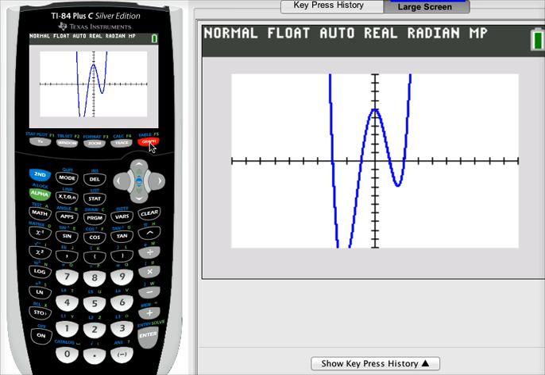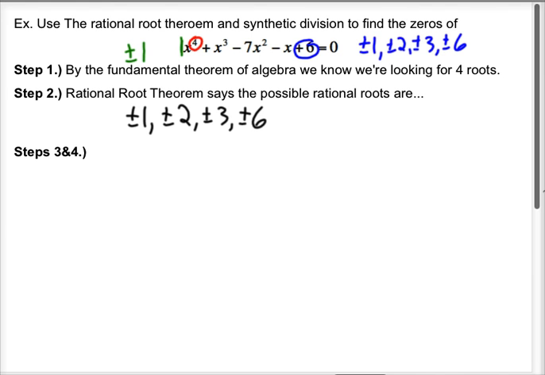So notice I have a root back at negative 3. So, I'm going to break this down. At negative 3, I'm going to use my synthetic division. So, 1x to the 4, 1x cubed, negative 7x squared, minus 1x plus 6.